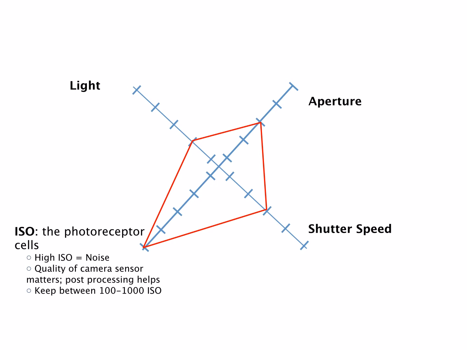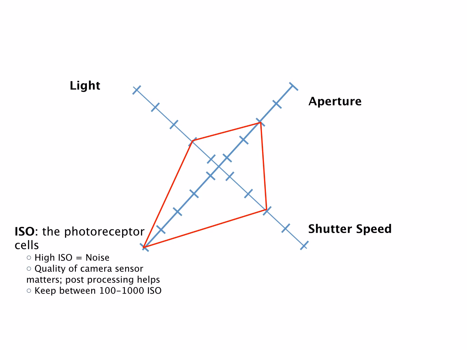Oftentimes the more expensive, more sophisticated camera allows you to go into higher ISOs and not really degrade the image quality. That said, if you find yourself with a lot of noise, with post-processing you can take a lot of that noise out. So there's definitely a lot of flexibility with regard to ISO.